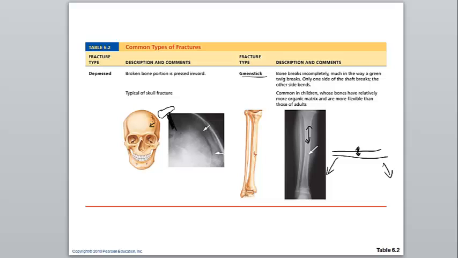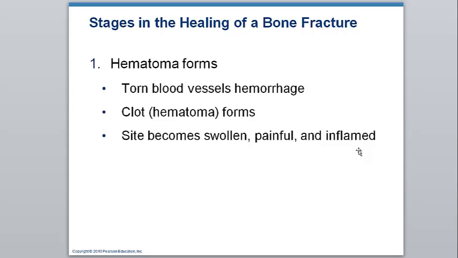So this is an incomplete fracture. The shaft breaks only on one side and not on the other side where it bends. So it bends this side, but the fracture happens on the other side. That's basically what you see in a greenstick fracture. So you need to know all the different names, the pictures, and different types of fractures in this chapter.